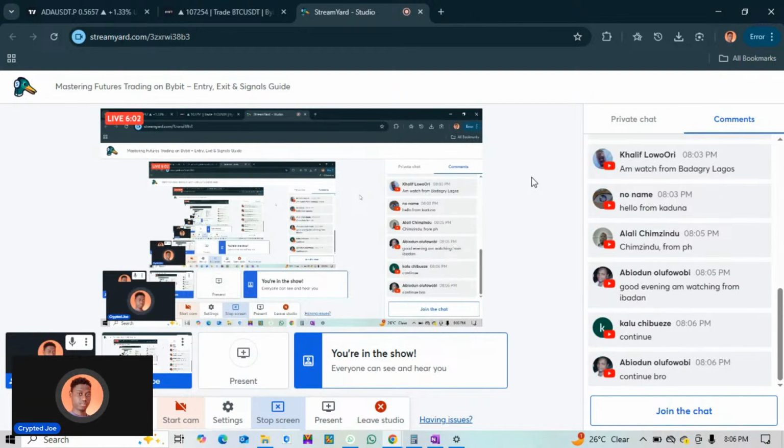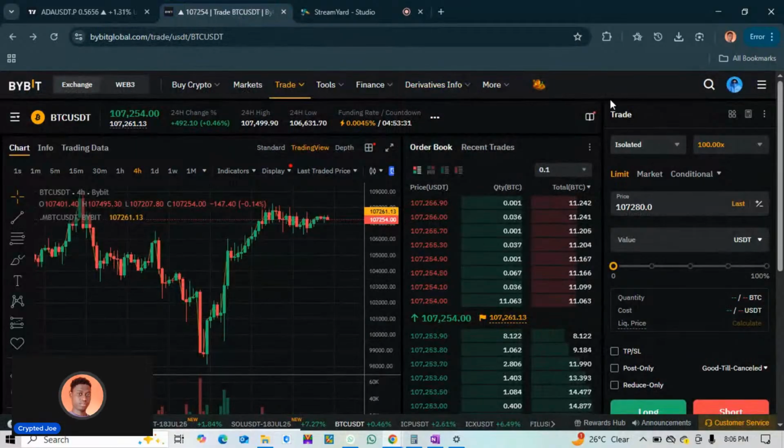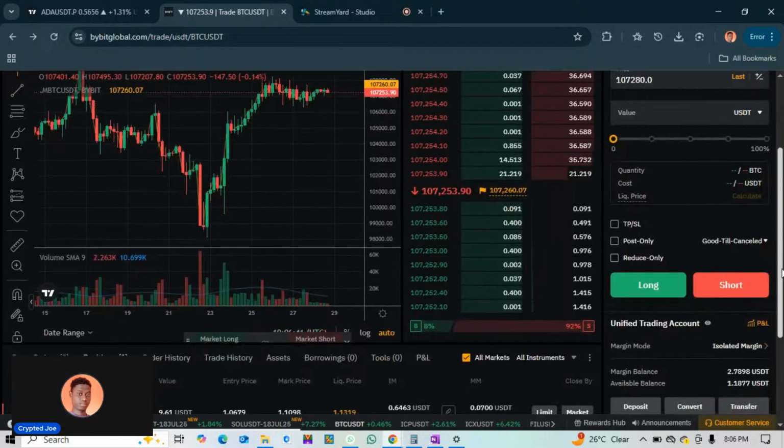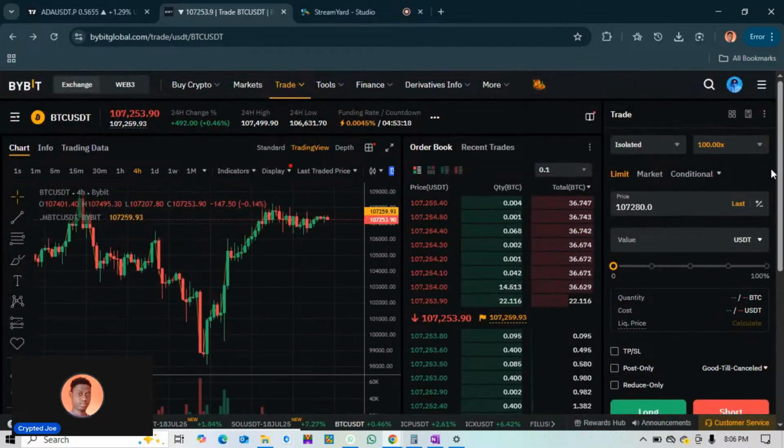Okay, so like I said, this is the view of the Bybit app on a laptop. It has little to no difference to that of the view on a mobile phone. The Bybit app is one of the exchanges we have in the crypto world to trade.